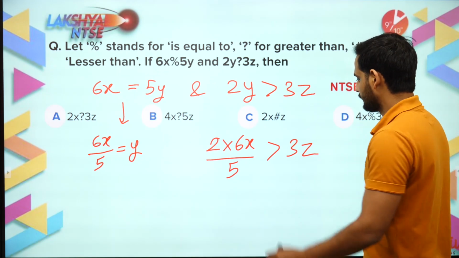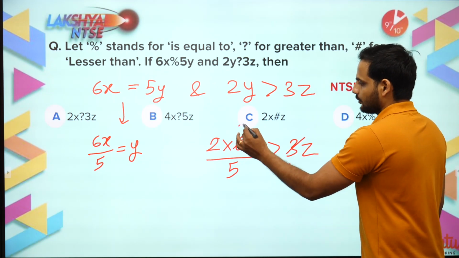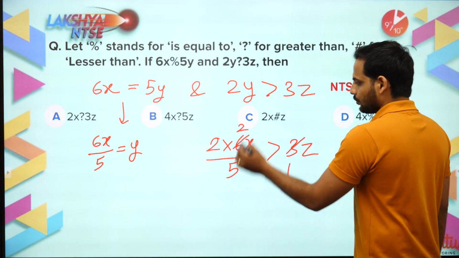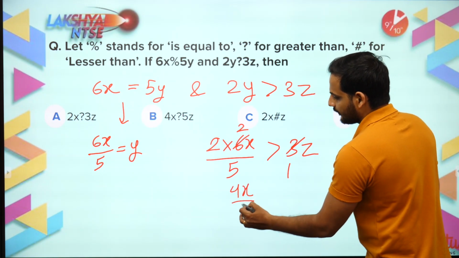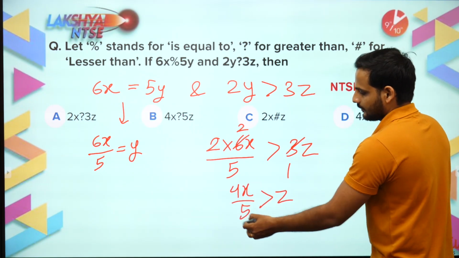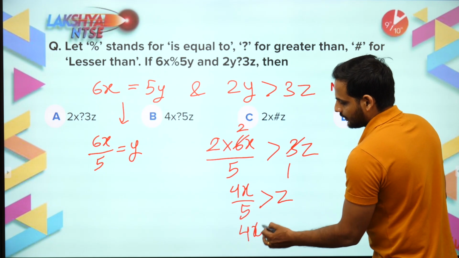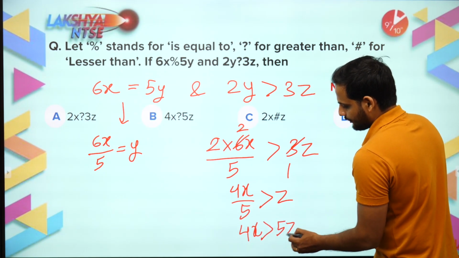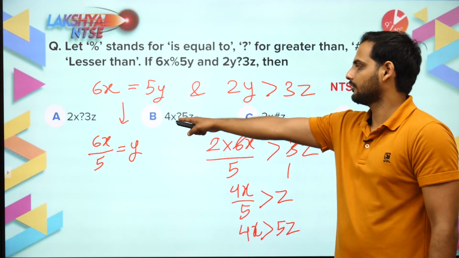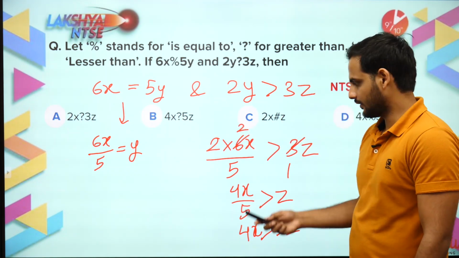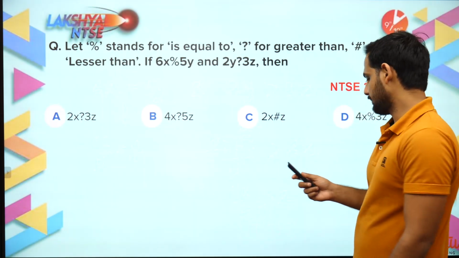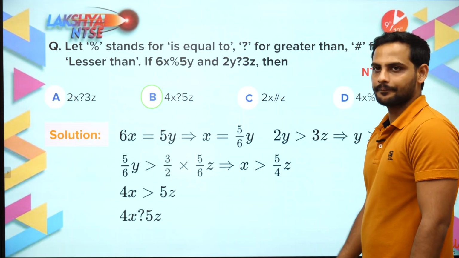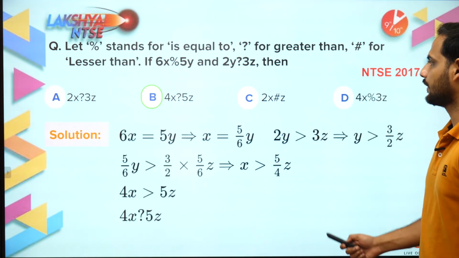Now 2 into 2, 4x by 5 is greater than z. Shift 5 there, 4x is greater than 5z. So what should be the correct answer? Option B, 4x is greater than 5z. Understood? Let's move to the next question.